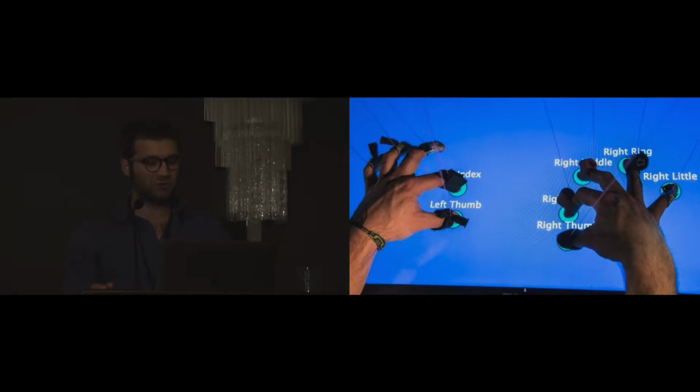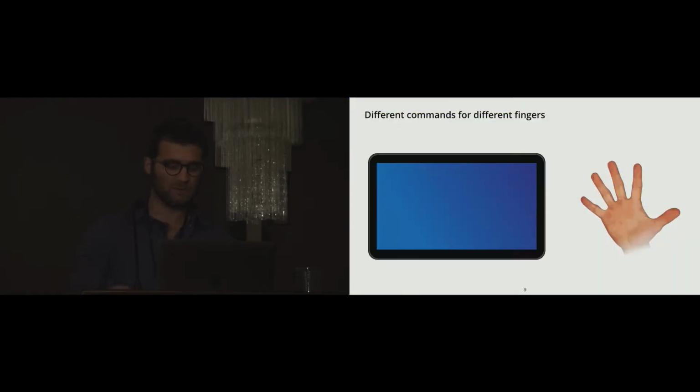Finger identification has seen a rising interest given the increased input vocabulary it provides. By executing similar physical actions, but with different fingers, the user can input different commands to the system. As a simple example, we could map different commands to different fingers. For instance, in a vectorial drawing application, drawing a rectangle using the index finger and drawing ellipses with the little finger.